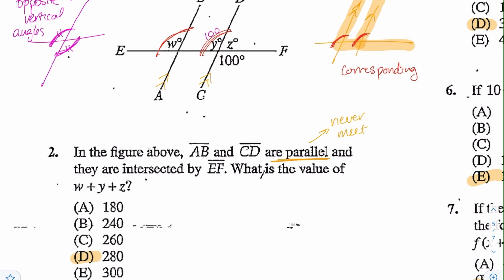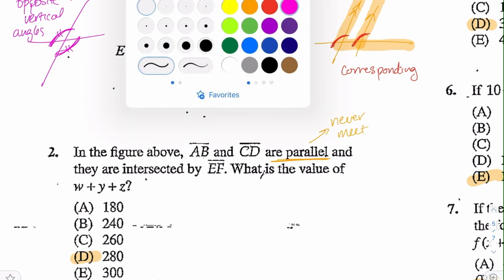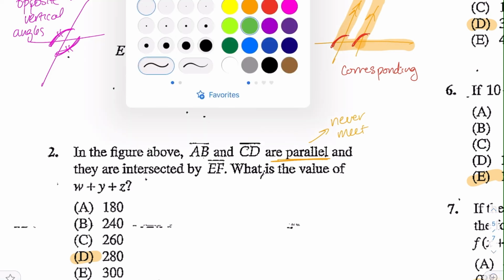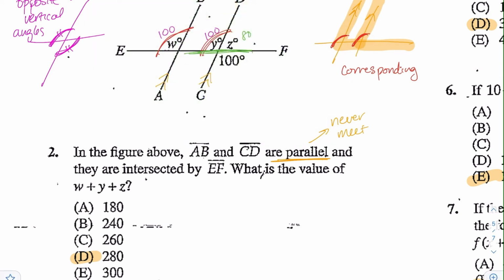And since Y is equal to W, because they're corresponding, W is also equal to 100 degrees. Then Z would give you the remaining 80 degrees, because Y and Z make a straight line, and that straight line is supplementary, which means they add up to 180 degrees. To find Z, you do 180 minus 100, which gives you 80.